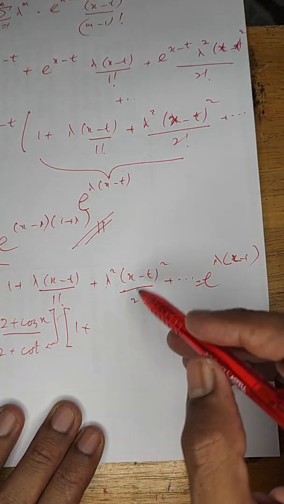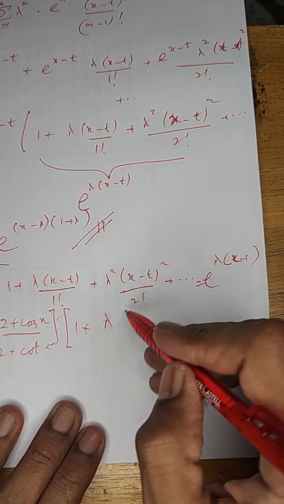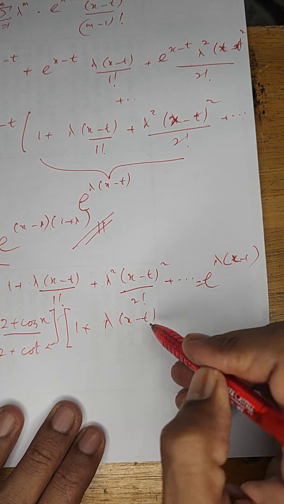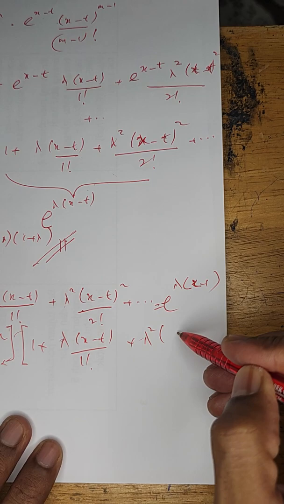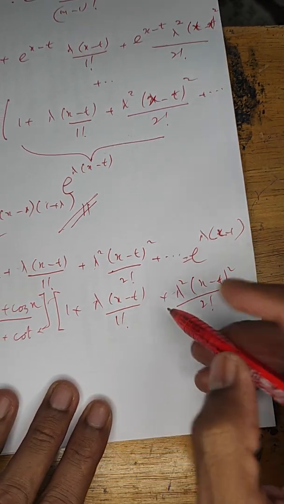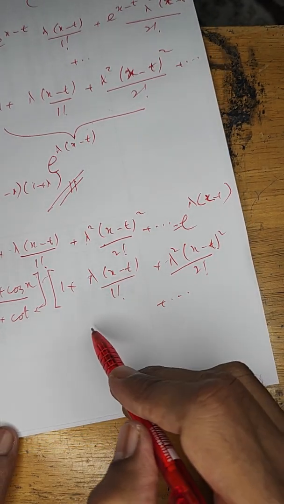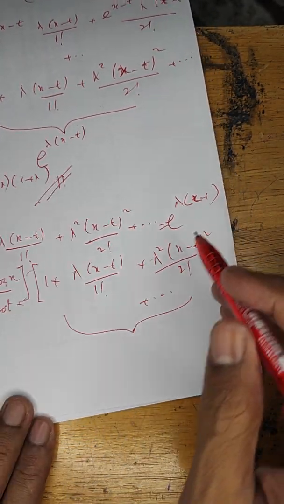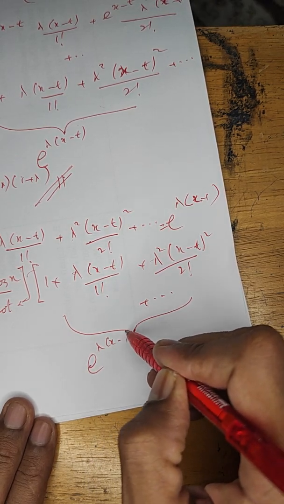So 1 plus lambda (x minus t), plus lambda squared (x minus t) squared, and so on. Okay, and this part here basically is e^(lambda (x minus t)).